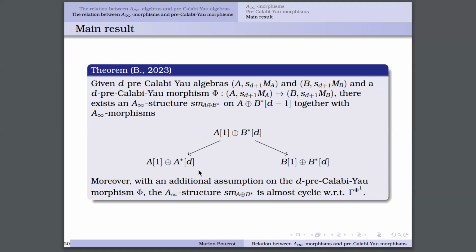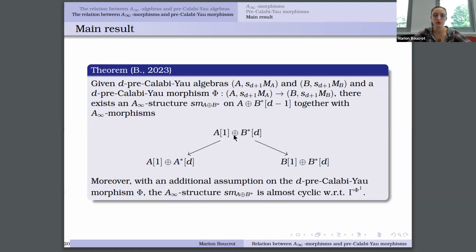But it is somehow at least compatible with composition of morphisms of pre-Calabi-Yau algebras, isn't it? Yeah, that's true. In fact, the category of infinite structures of this form, whose morphisms are given by the data of both an infinite structure on this and two morphisms like this, is just a partial category, in the sense that we don't know in general how to compose such morphisms.